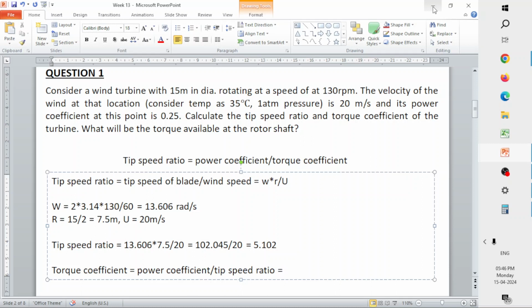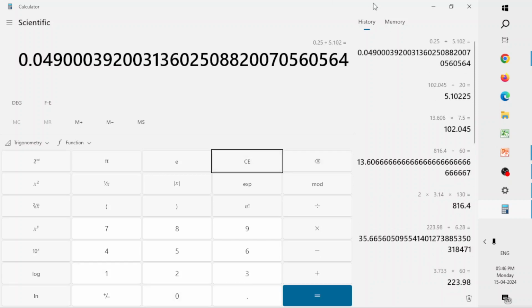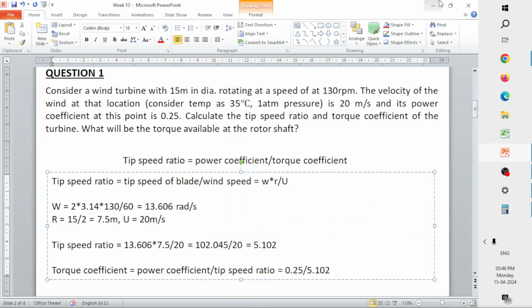So the power coefficient is 0.25 and the tip speed ratio is 5.102, which gives 0.049. So this is your torque coefficient.